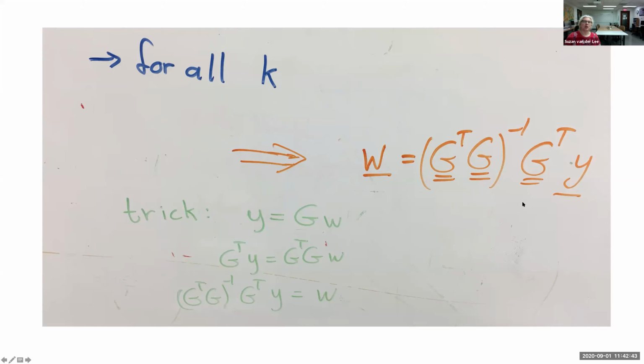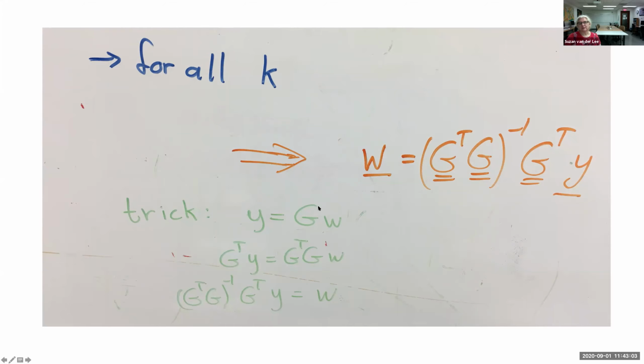But if you want a shortcut, then look at this green font right here. The trick is to remember that we have the data that we want to equal the predictions, or vice versa. We want these predictions over here, G of W, to be as close to the data Y as possible.